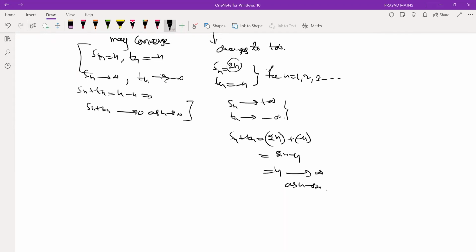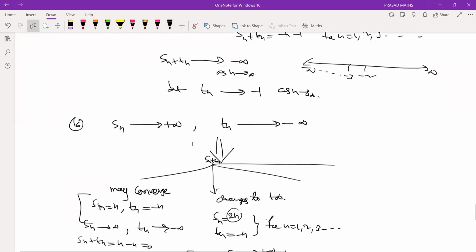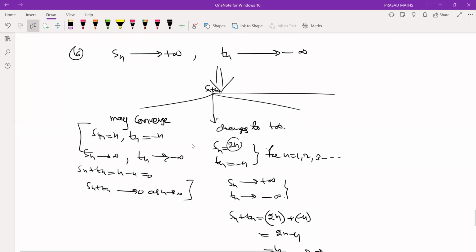Right. Therefore, what you observe is that the sum may diverge to plus infinity. It may also diverge to minus infinity. Suppose you take Sn equals n, Tn equals minus 2n.